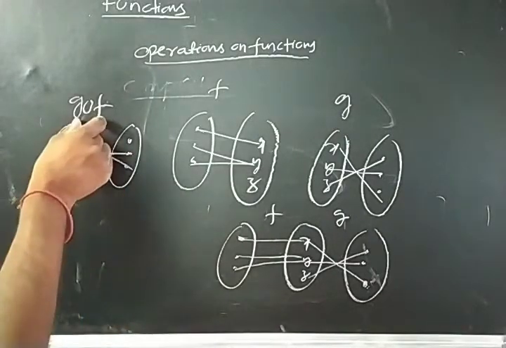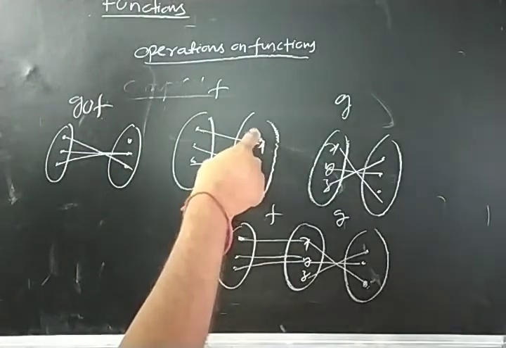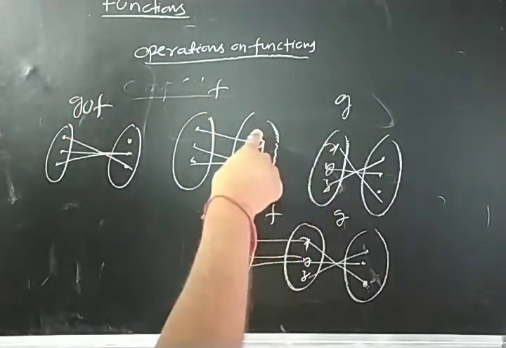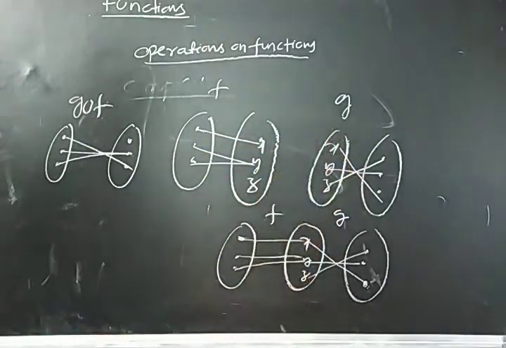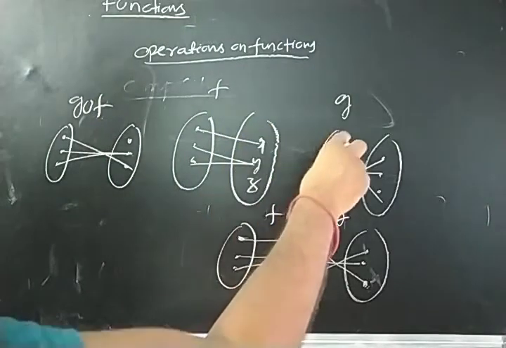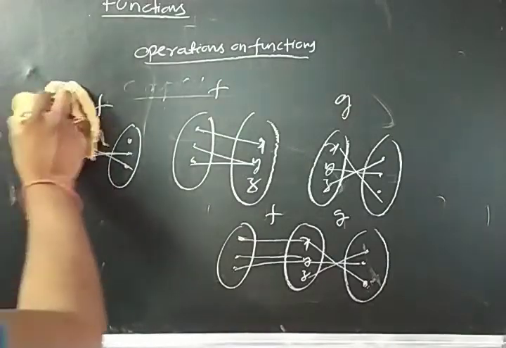So to define g circle f, see here, the first function's codomain should be a subset of the second function's domain. Then only g circle f is possible.